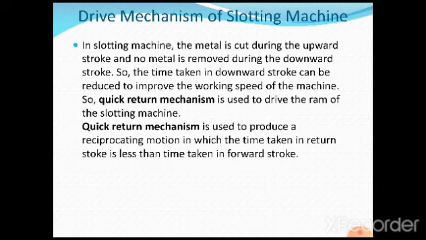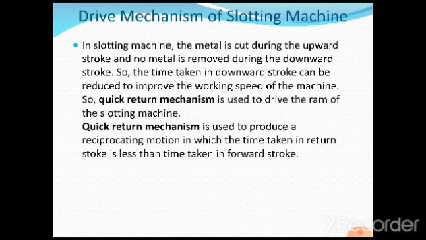So the quick return motion mechanism is used to drive the ram of the slotting machine. The ram is driven as we discussed in the case of a shaper. The same mechanism is used where we require the cutting stroke to take place slowly and the return stroke faster. We call such a mechanism a quick return motion mechanism, because our intention is to reduce the total machining time.